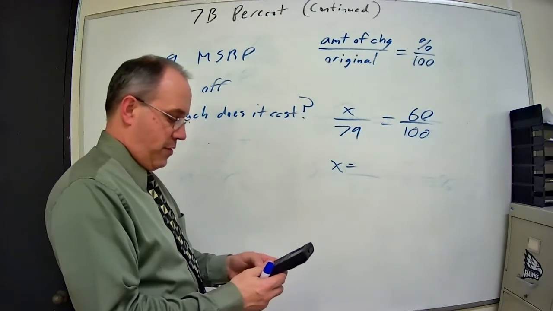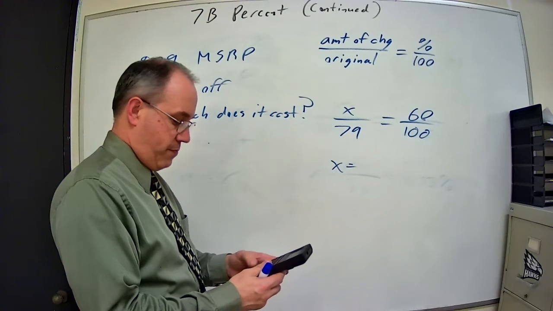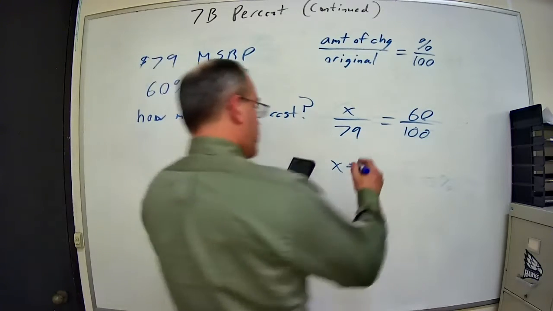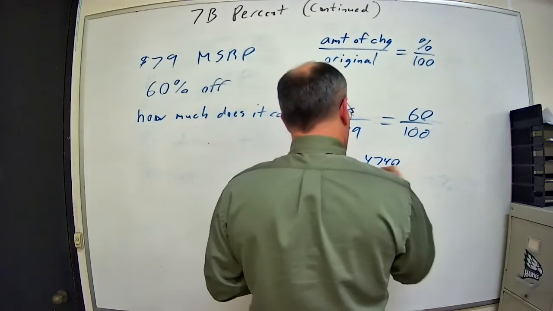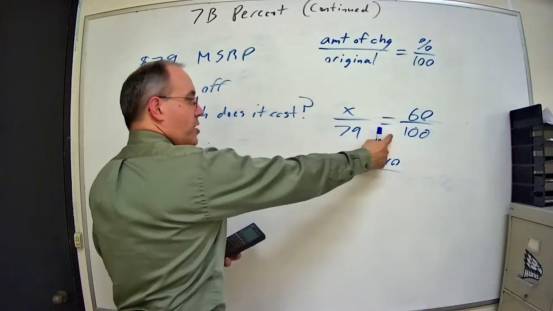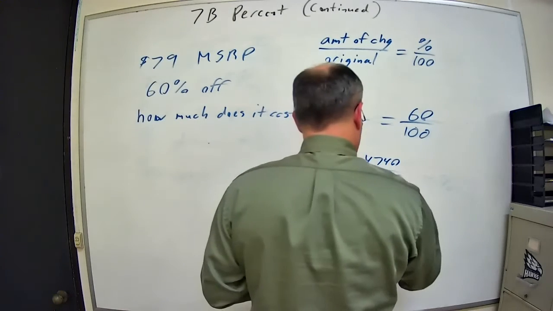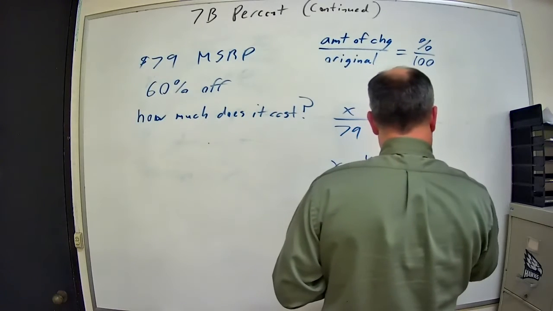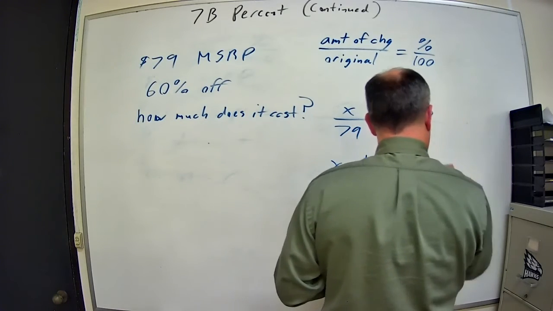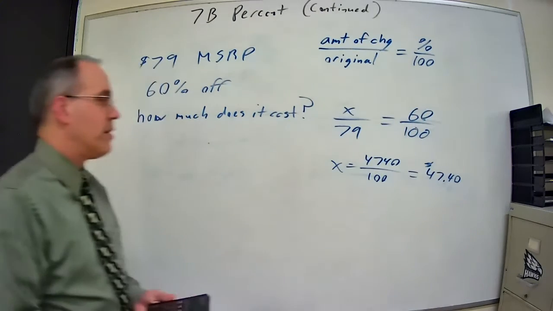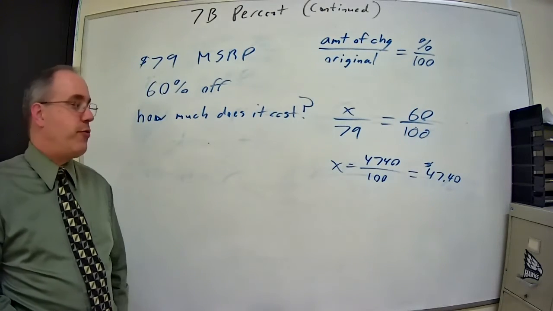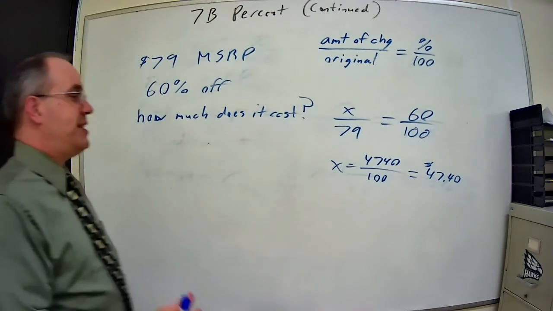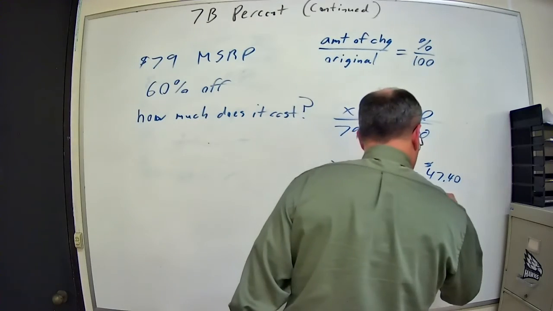So 60 times 79, which is 4,740, divided by what's opposite, 100, which gives you $47.40. So $47.40. That is your discount.